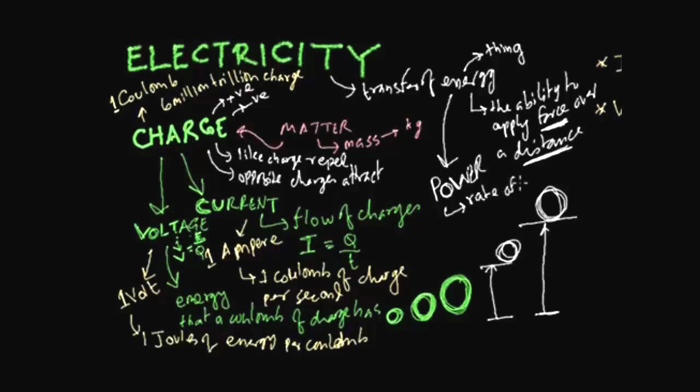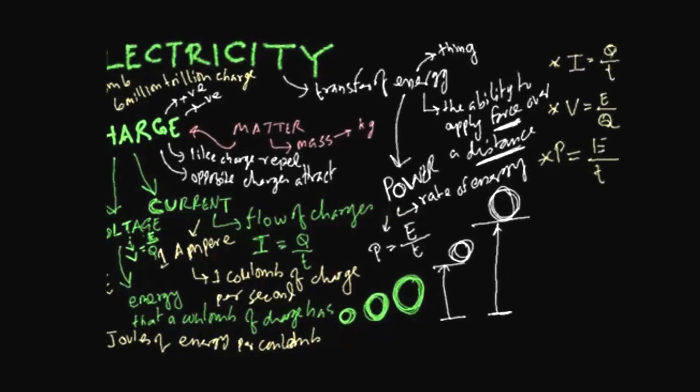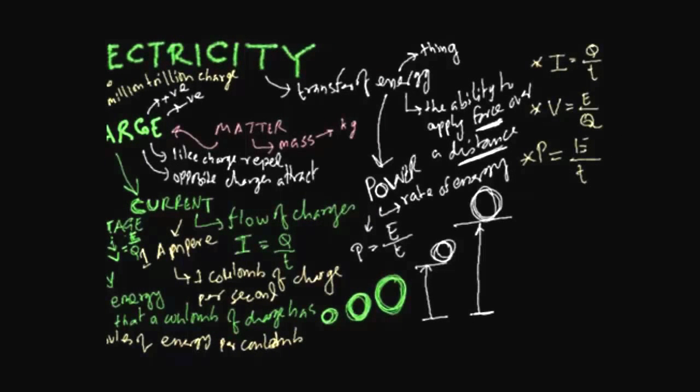So power is the rate of energy, given by the formula P equals energy per time. Rate of energy, the speed of the energy. So power equals energy by time. That's the formula for power. Now one important thing is that using algebra we can rearrange this and find a new formula.